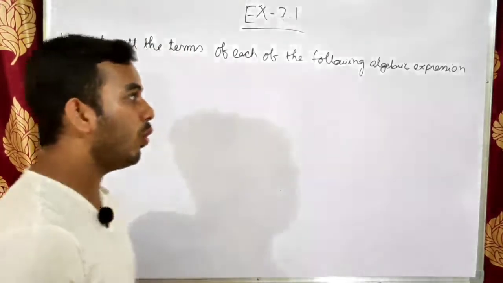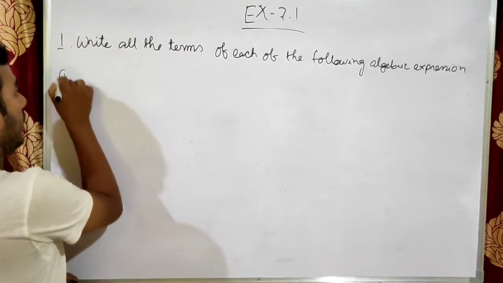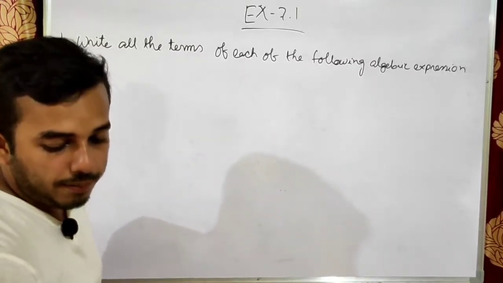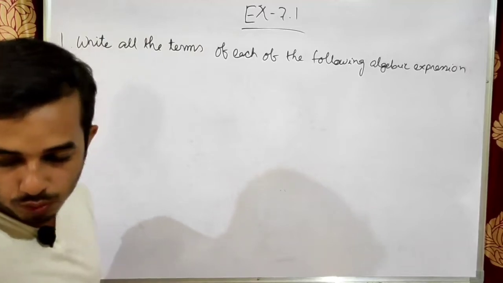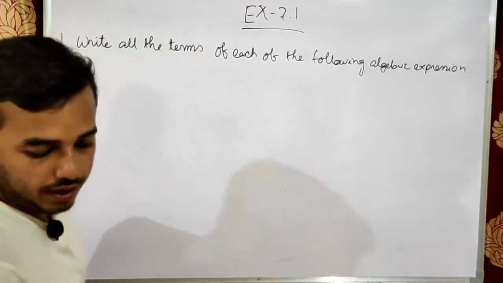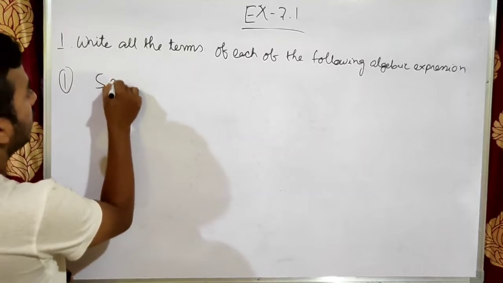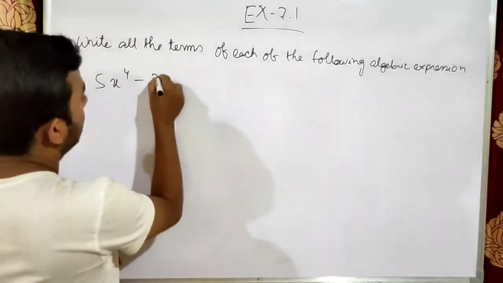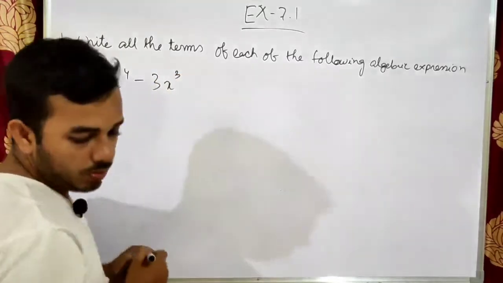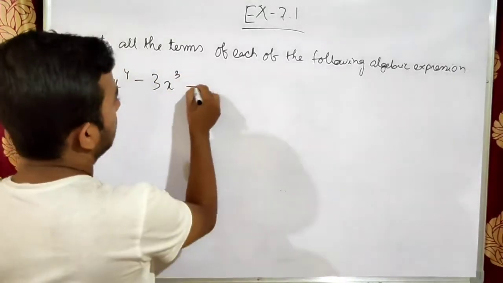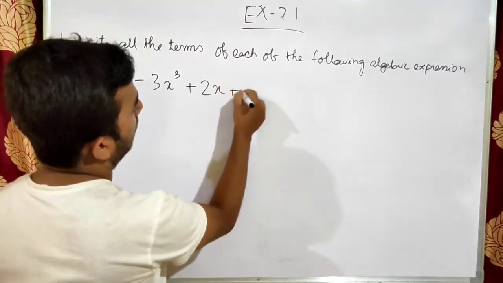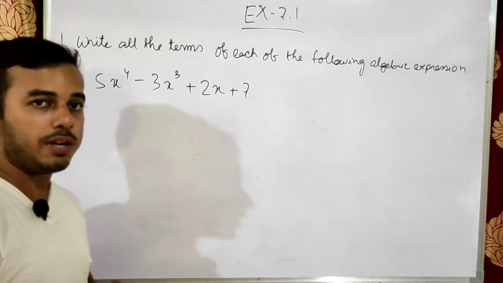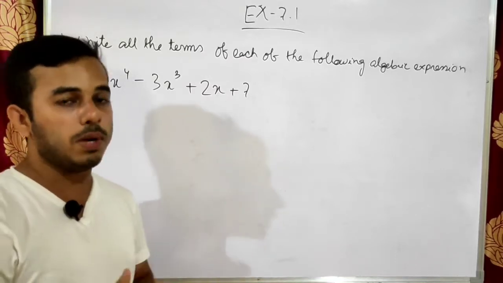So let's write the first expression, which is 5x to the power 4 minus 3x cube plus 2x plus 7. As I told you, one term is connected to the other term with plus and minus.